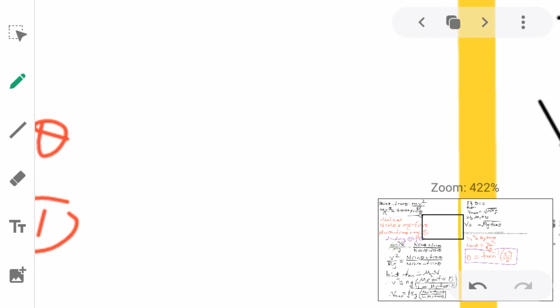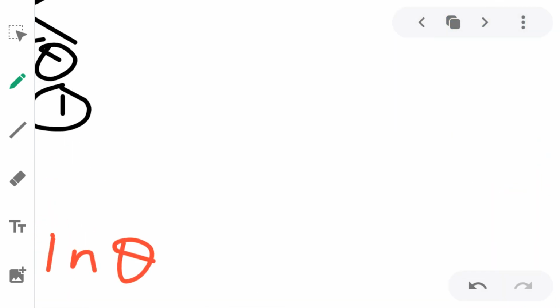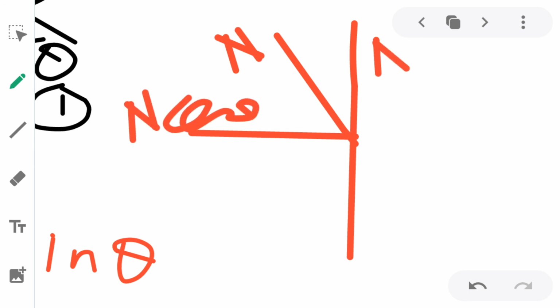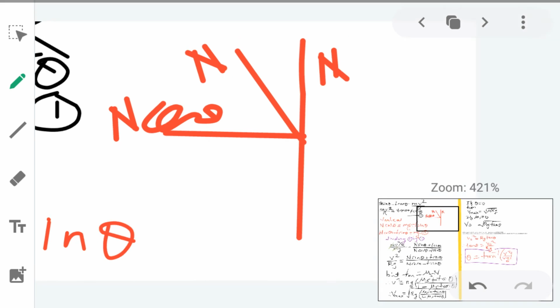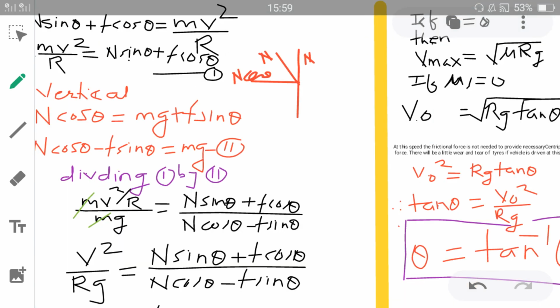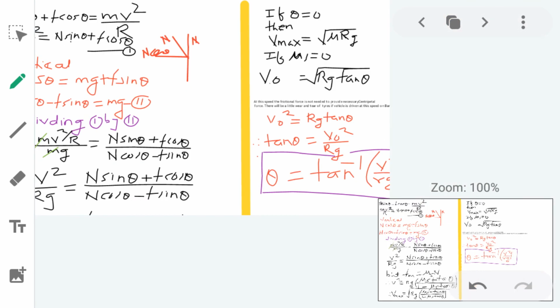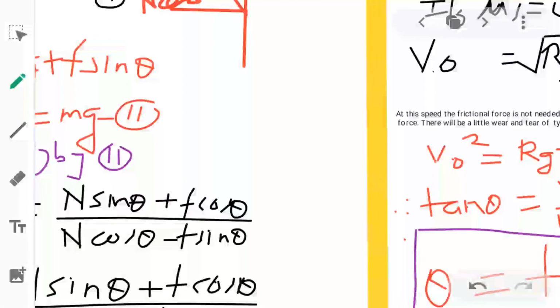We'll draw the diagram here. See here. This is the normal reaction n. This is n cos theta, n sin theta, and f cos theta.